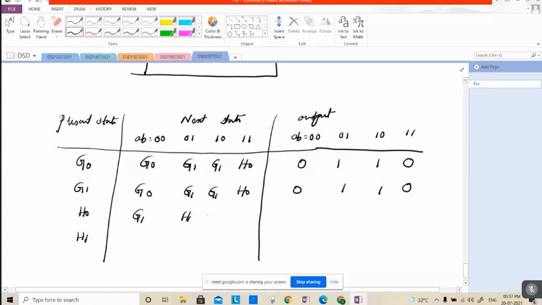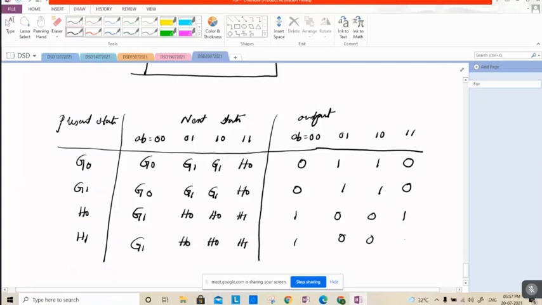G1, H1, G1, H0, H1. H0, H1. Please repeat it again. G1, G1, H0, H0, H1. Outputs. 0 0 1, sir. Right. Okay.